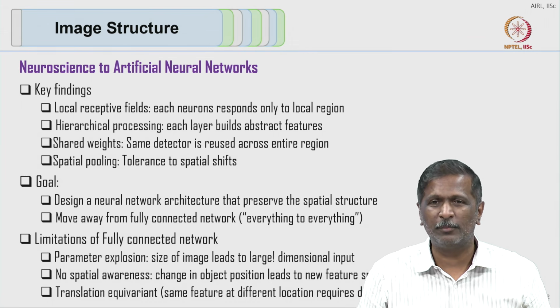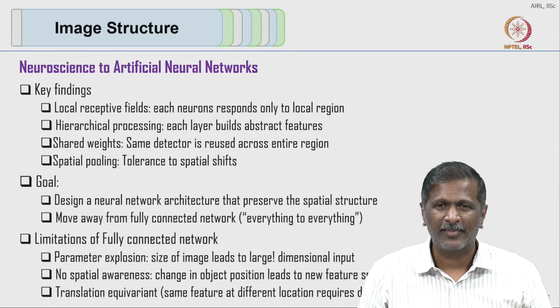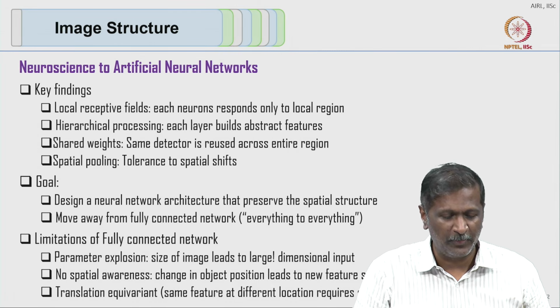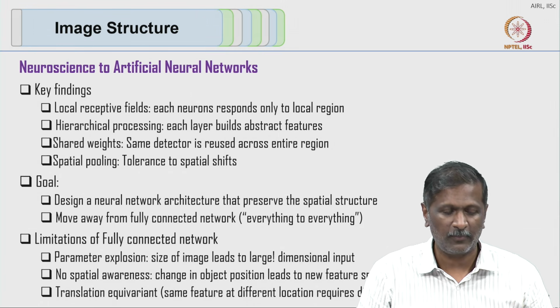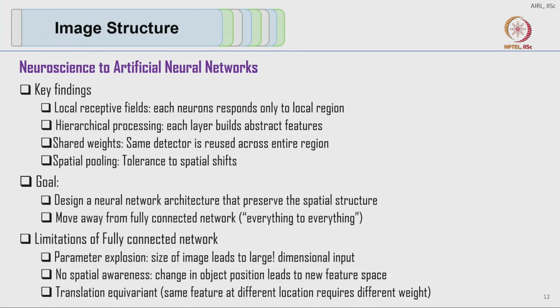Think about it, they can put it on the top corner also, right? So will you say that, okay, the moment it changes, I can't identify the face, right? There is no spatial awareness in an MLP, that's going to be a bigger problem, right? Translation equivariance, right? Some features at a different location require different weights. That's a problem, right?